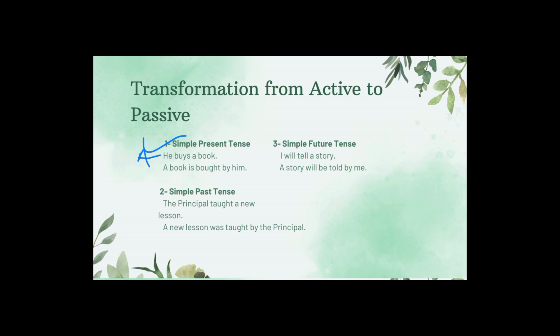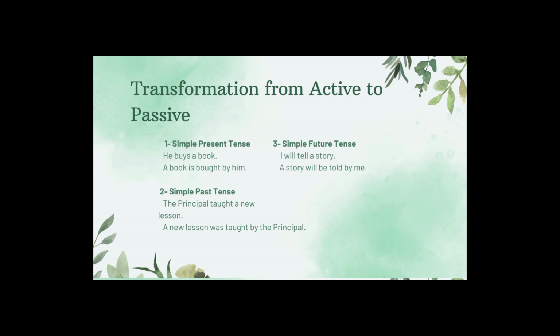Buys is simple present, so you will use is plus the third form of the verb, as the third form of buy is bought. So your passive voice sentence will be: a book is bought by him.